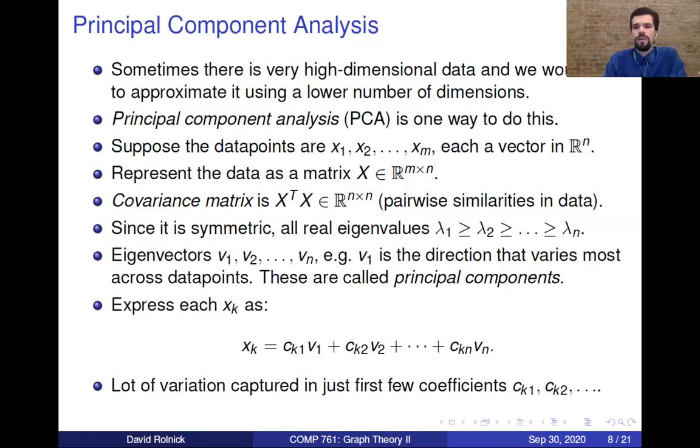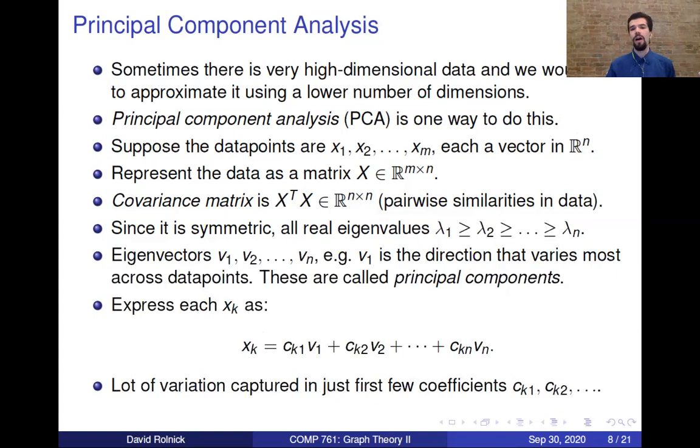These are called principal components, and these are just a new basis. And so you can express each data point in R^n in terms of this basis. The idea is that these capture the directions which are varying the most across different data points.